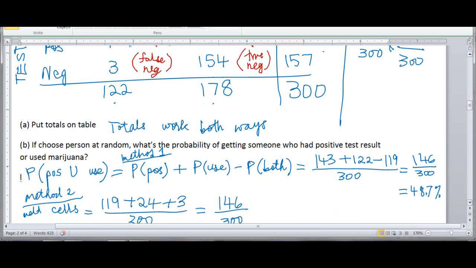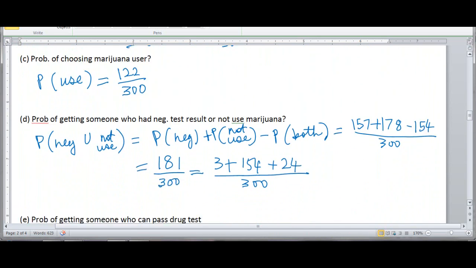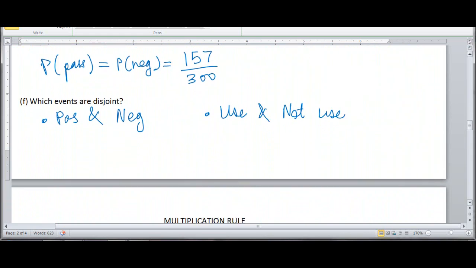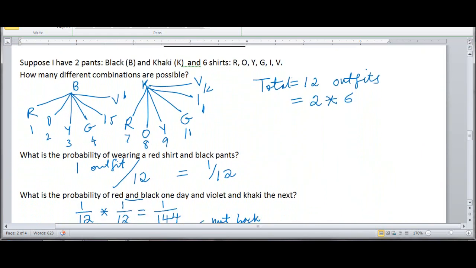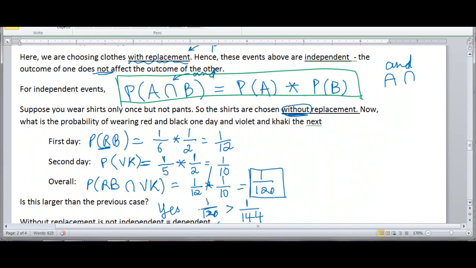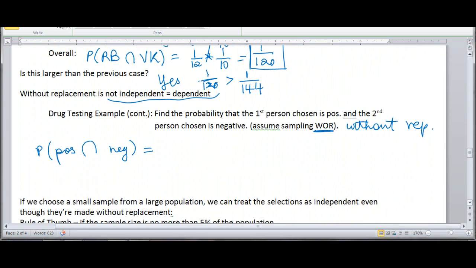Again, I apologize for my handwriting. I'm trying to do this while I charge my computer. Okay, so the first person positive and the second person negative is 143 out of 300 times, what was it, 157.